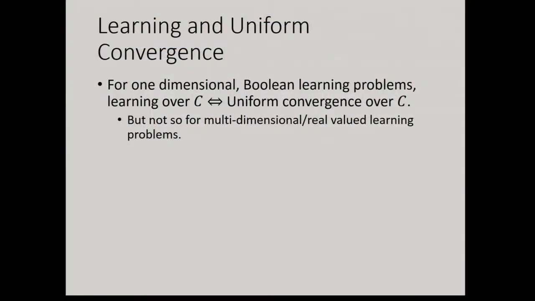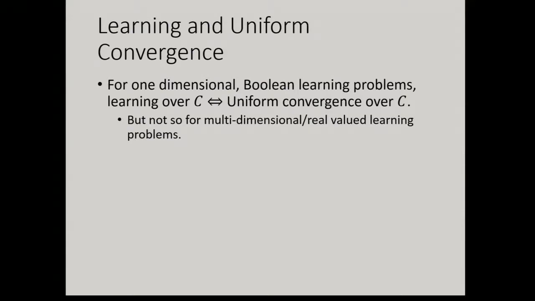Okay. So this sort of goes back to a question Shadden asked in Tim's talk. There's a relationship between learning and uniform convergence. Okay, it's sufficient to obtain uniform convergence. Uniform convergence is sufficient for learning, but it is not necessary when you're in a general learning setting.